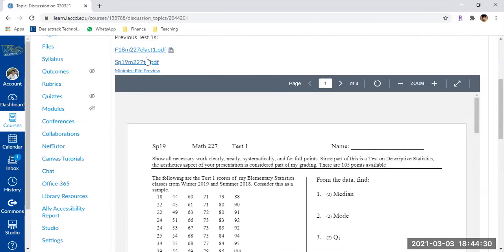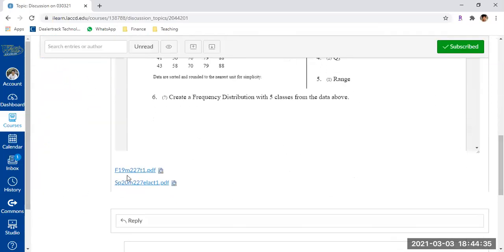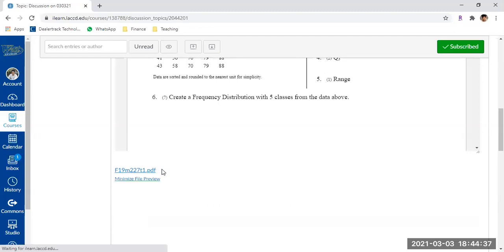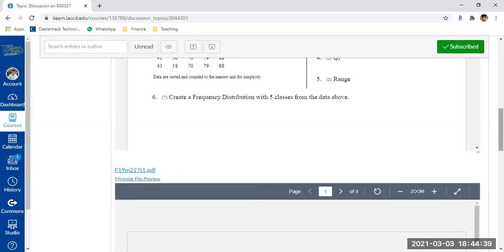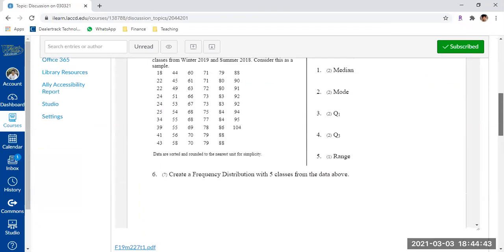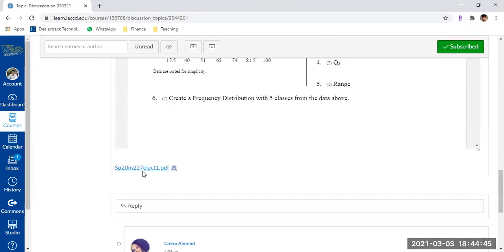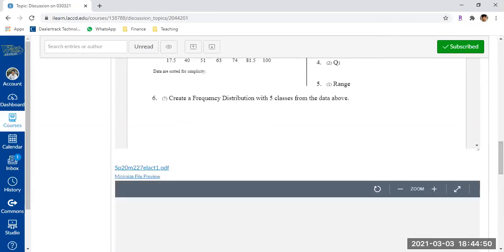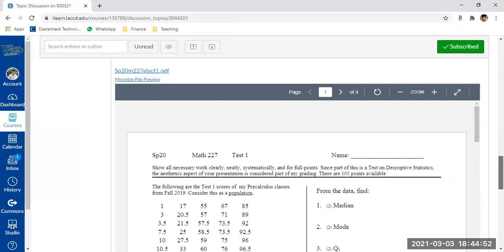Okay, but let me check this one first. So spring 19, that's what it looks like. I somehow suspect my fall 19 actually looks the same. No, it's different. So how about my spring 20 then? One of them is the same.